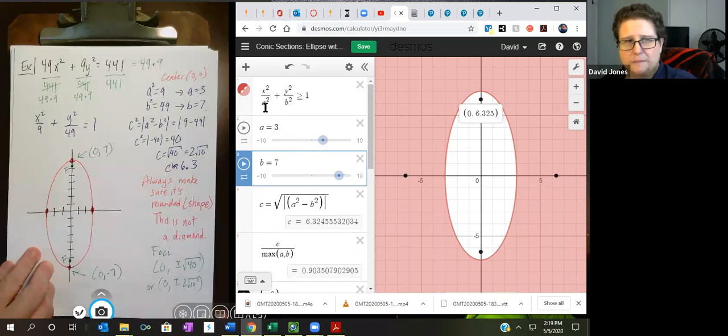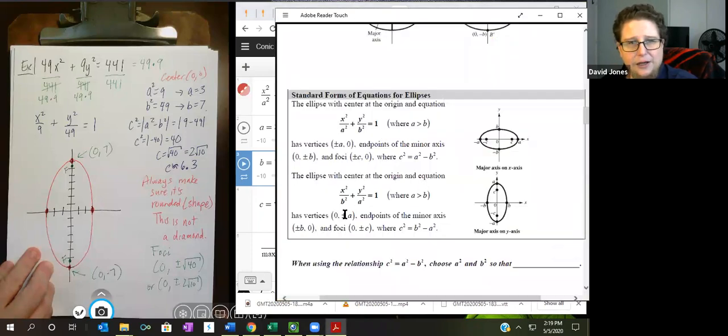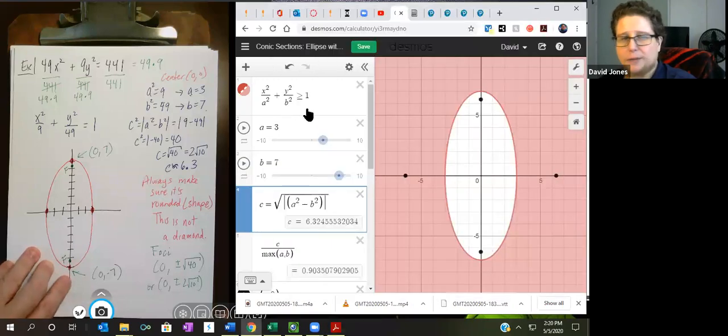And it's easy to remember that A goes with X and B goes with Y. That funny mumbo jumbo stuff they have right here, where we change what letter goes with what. On the horizontal one, A was with X, B was with Y. The vertical one, they switch it. They change the equation for C squared on both of them. That's just confusing. I think if you give this a try, you'll find this works better for you.